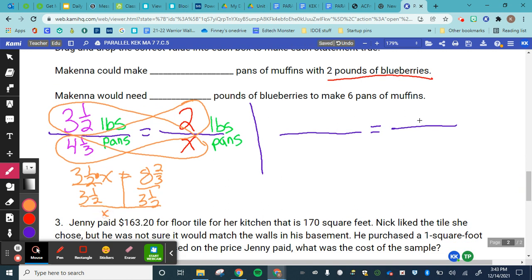To get X equals, you can use your calculator for this part. 8 2/3 divided by 3 1/2 will be not a beautiful number, but it's not a horrible fraction either. 2 10/21. So McKenna could make, that is pans, I'm making sure it's pans, she could make 2 10/21 pans of muffins with 2 pounds of blueberries.